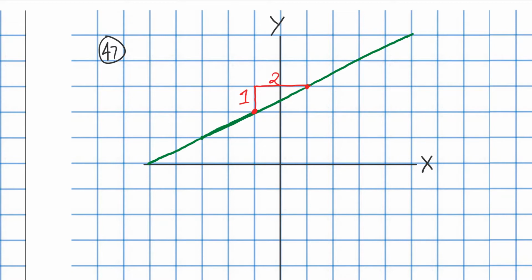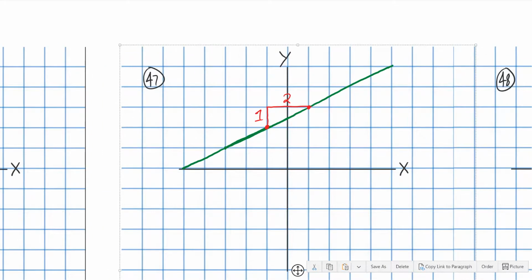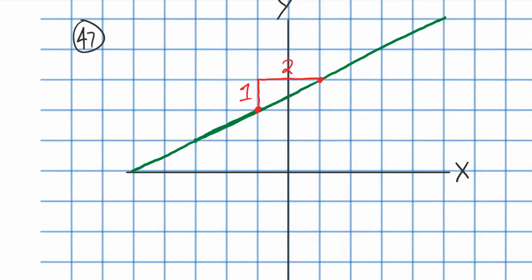Nothing different there. We're just finding the slope, the same methods. The only difference is we're not using the y-intercept. And we also have 2 points. This point here would be -1, 2, and this point would be 1, 3. So we have 2 points, and we have the slope.